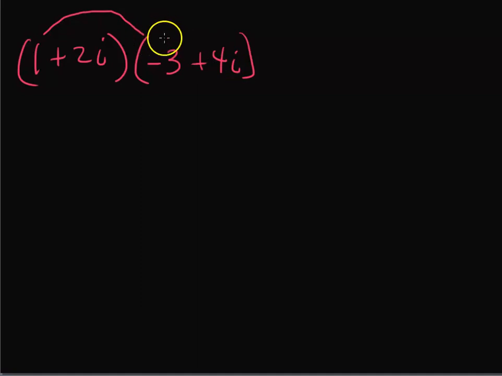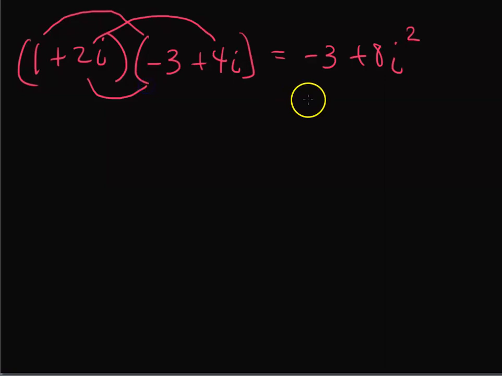First times first, it's a negative 3. Let's do then last times last, because this is 8i squared. And then you do the inner product, a negative 6i, and the outer product, 4i. And now you combine like terms.